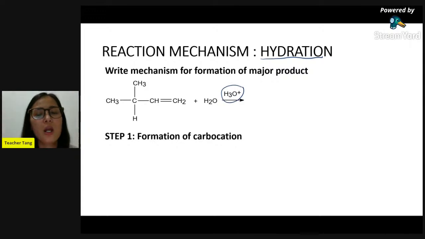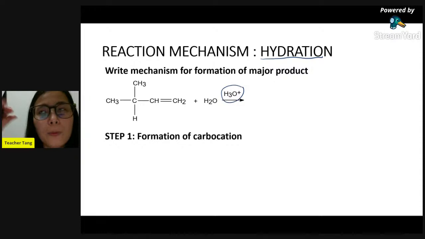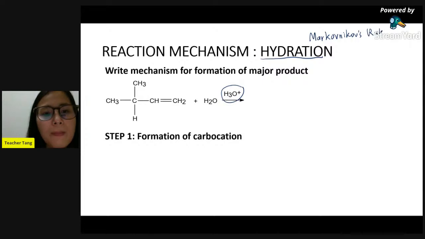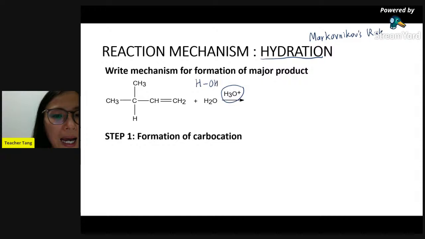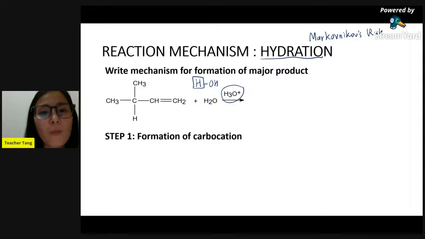So again, hydration also, the product, we predict the product according to the Markovnikov's rule. So still remember, for Markovnikov's rule, hydrogen kena tambah ke carbon which has more hydrogen.